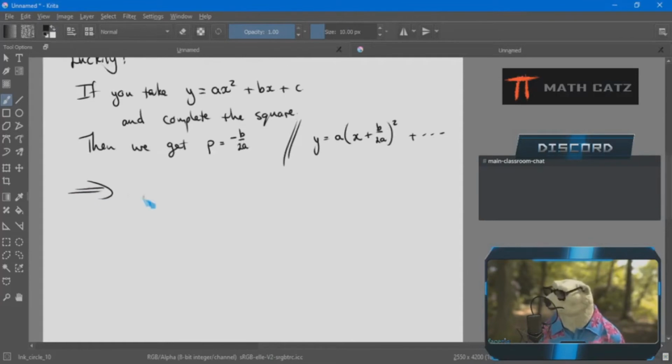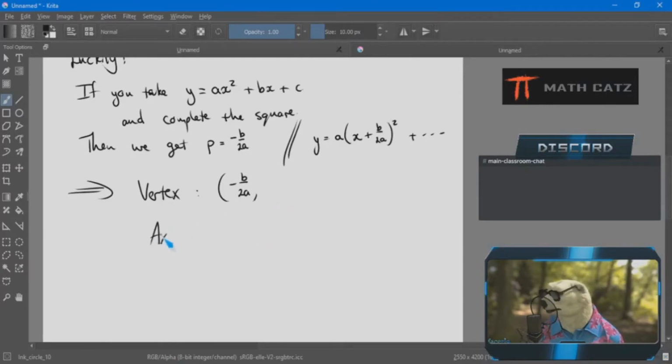So that then means that the vertex is negative b over 2a for the x-coordinate. Now there is a y-coordinate. I don't write it on purpose because I don't want people to memorize something that is completely unnecessary.